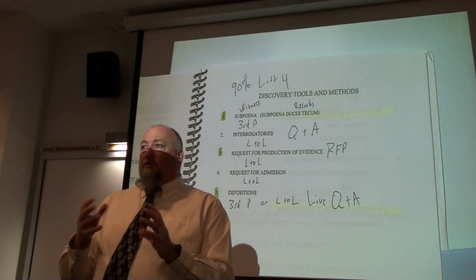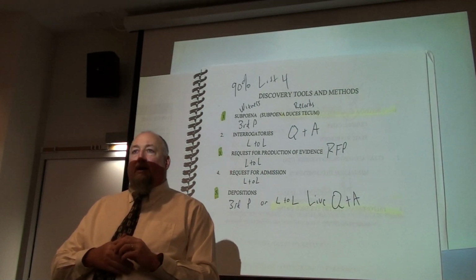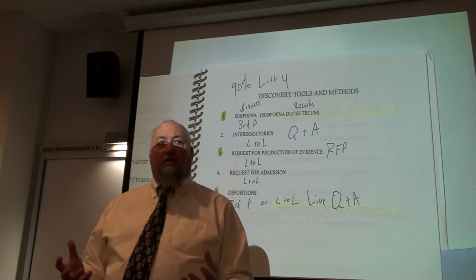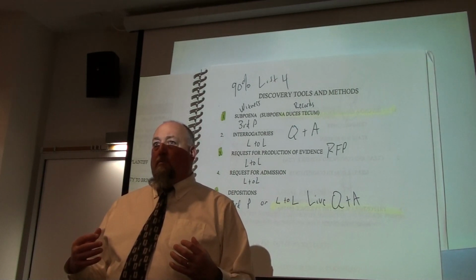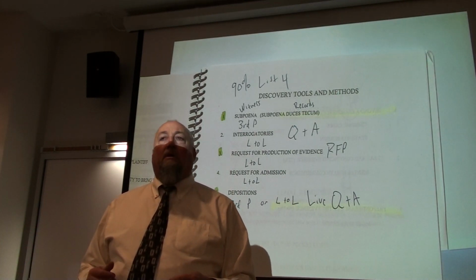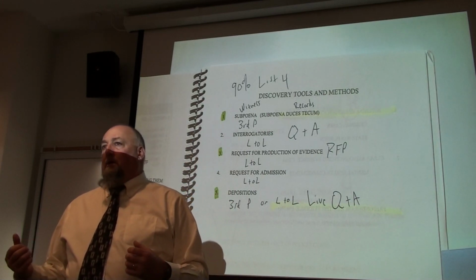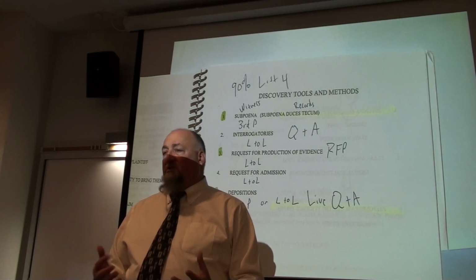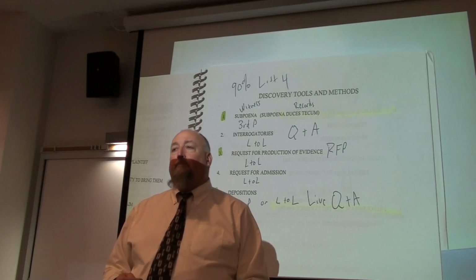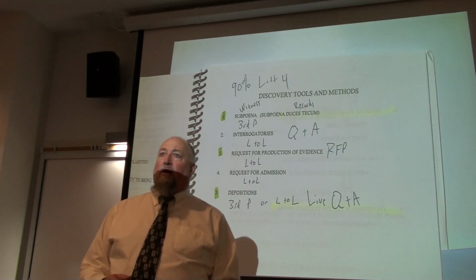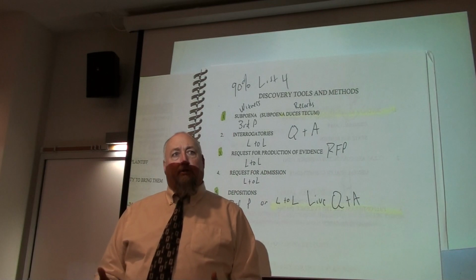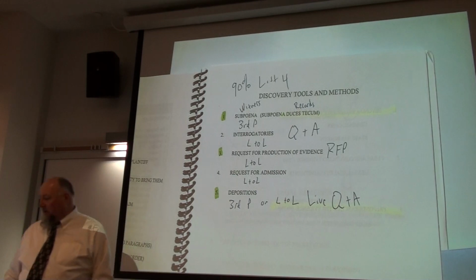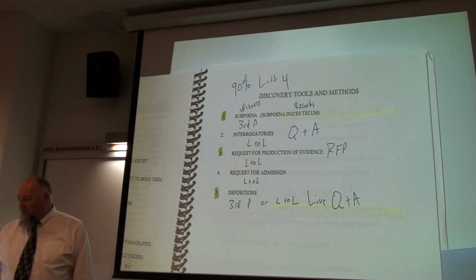And I also want you to know a general idea of what is discovery, and that is the process of basically investigating that gives lawyers the ability to find out information about a case, what evidence the other lawyer has, what witnesses, and then the ability to ask them questions through a deposition, to get documents through a request for production or a subpoena, to compel people to come testify at a deposition or a trial, issue a subpoena for that, those kind of things. Interrogatories are written questions. So be able to list 4 types of discovery tools or methods.